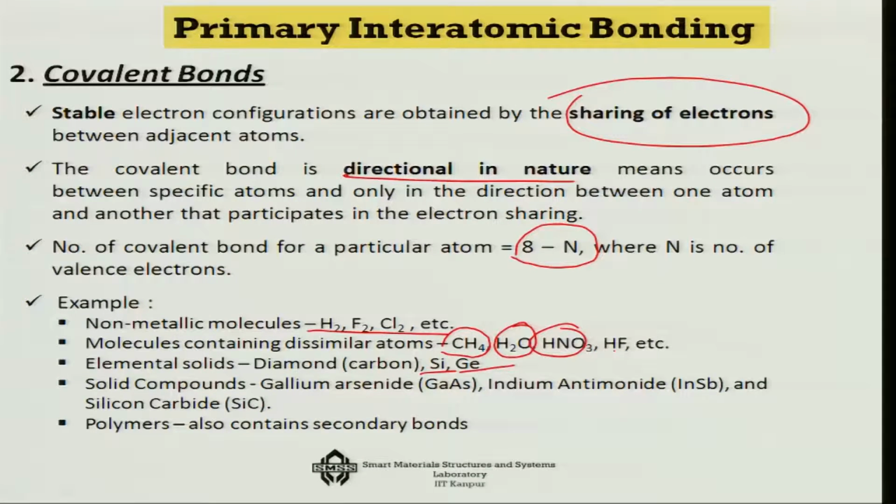We have solid compounds like gallium arsenide, indium antimonide, silicon carbide. And we have some polymers which have primary bonding, but they also contain secondary bonds. That is why polymers are not very strong.